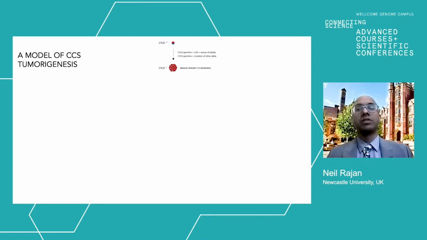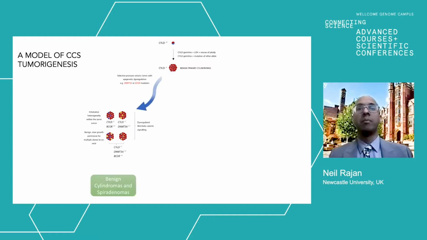So to bring this all together, we feel that CYLD biallelic inactivation is enough to give you a benign primary cylindroma. But if you have an additional mutation in either DNMT3A or BCOR, which are negative regulators of Wnt amongst other targets, you have increased Wnt signaling, and this gives those clones a survival advantage. And this is a feature of benign cylindromas and spiradenomas.